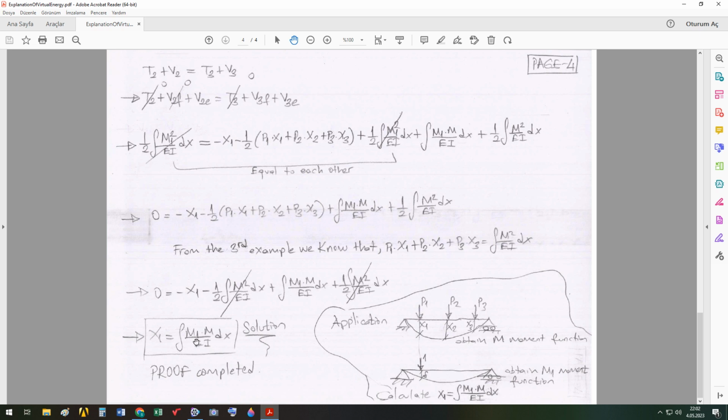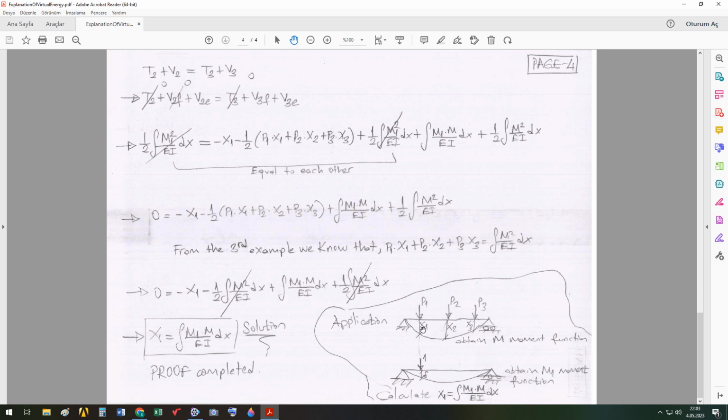So m1 is obtained under 1 unit loading, but as you know from statics, when I am deriving the function of m1, I use not the average value, but the final value of 1 unit load, that is the 1. And when I calculate the moment function m, as you know from statics, I use the final values of P1, P2, and P3, not their average values.